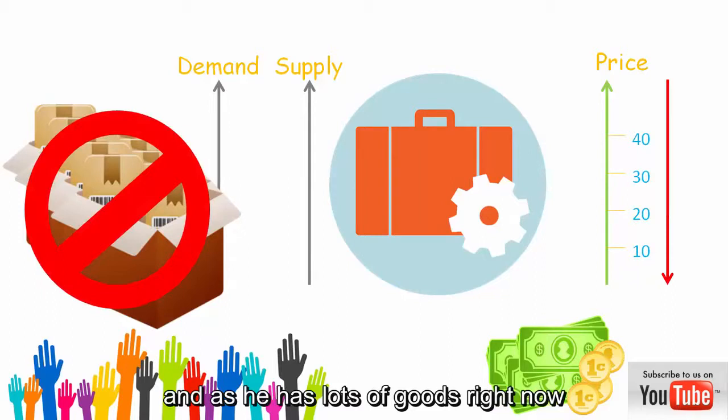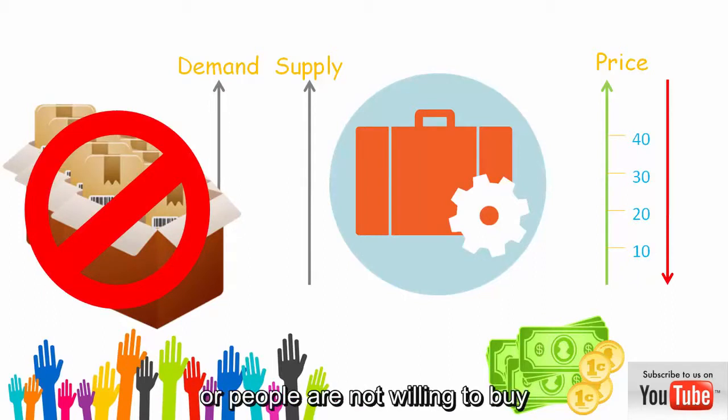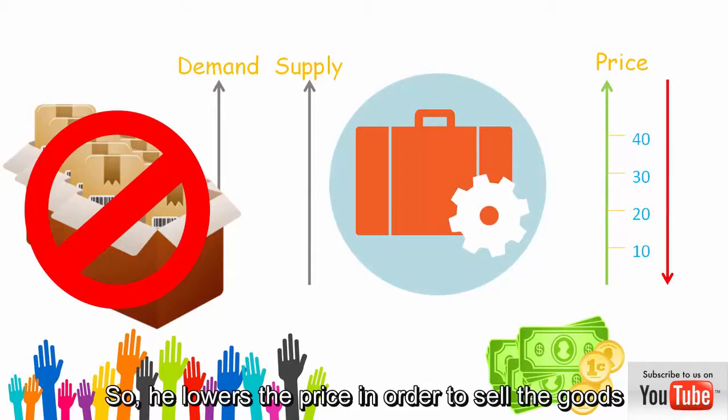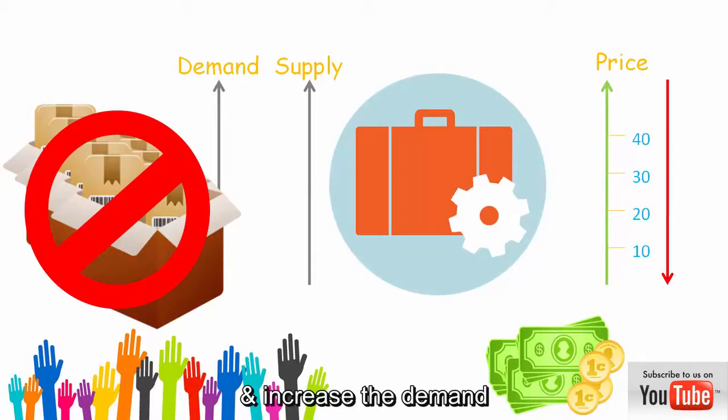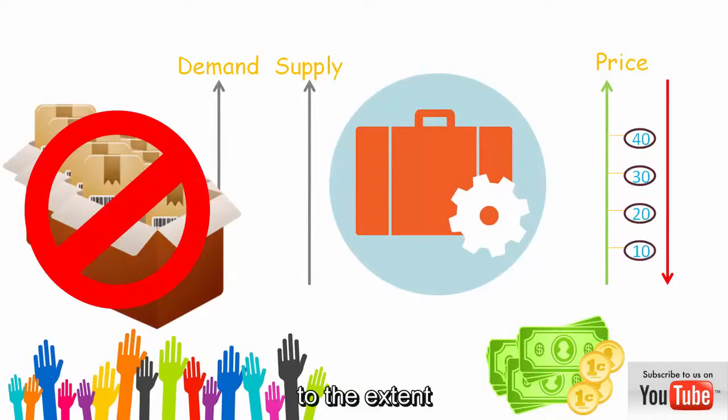As he has lots of goods and demand is not that high, or people are not willing to buy at the current prices, he lowers the price in order to sell the goods and increase demand. He lowers the price until the seller's price is equal to the price that the buyers are willing to buy at.